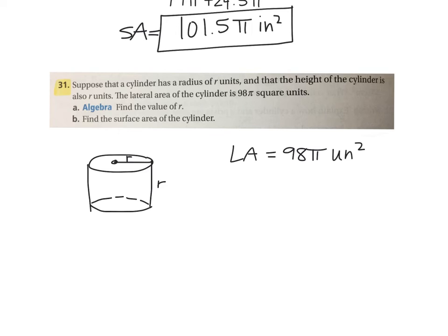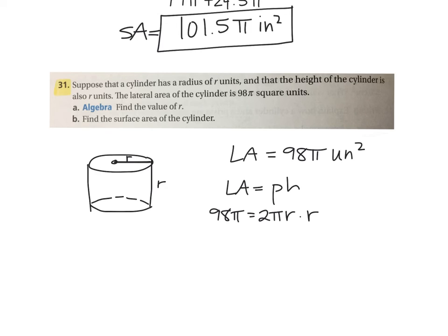So we know lateral area is the perimeter of the base times the height. So if r is my radius, we're saying pi times d, which is doubling your radius, 2 pi r. So you can say 2 times pi times the radius times the height, which is the radius, should equal 98 pi.